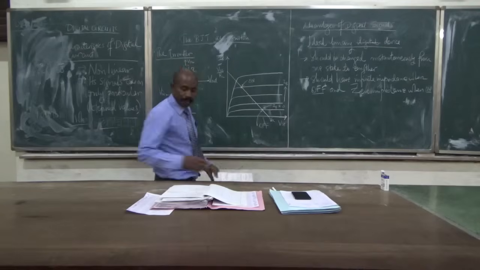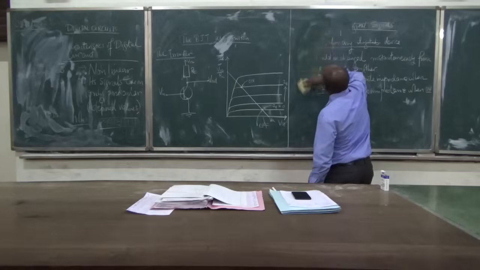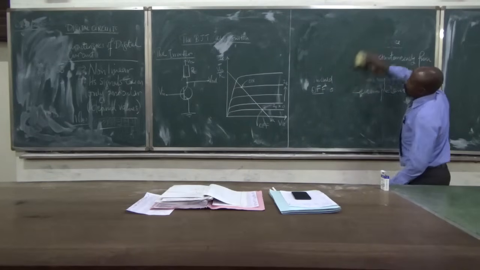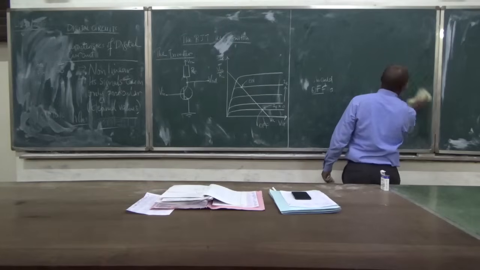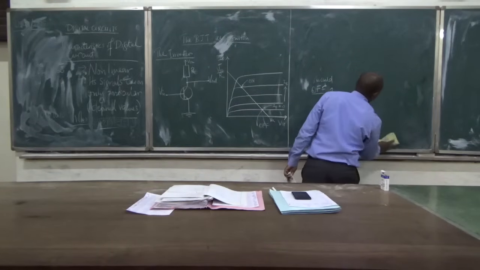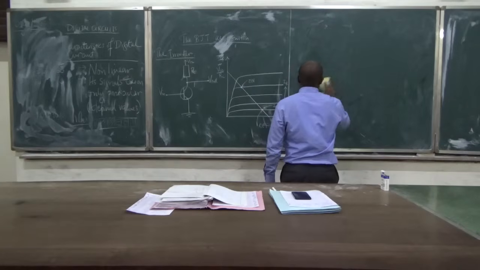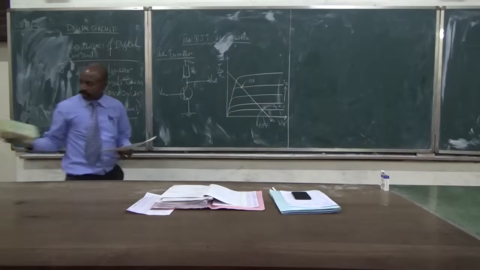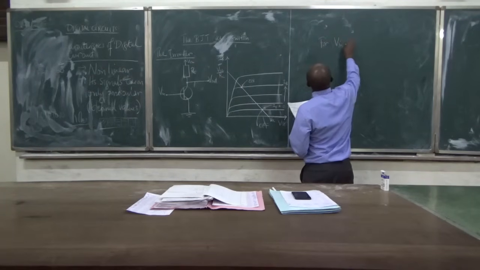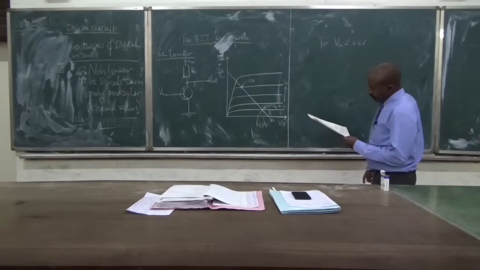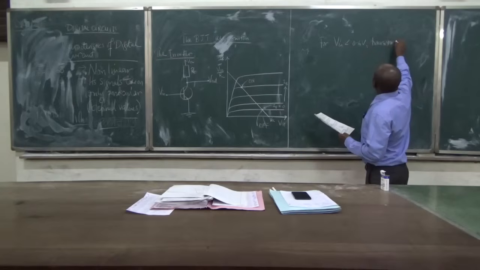So for V in less than 0.6 volts, the transistor is cut off.